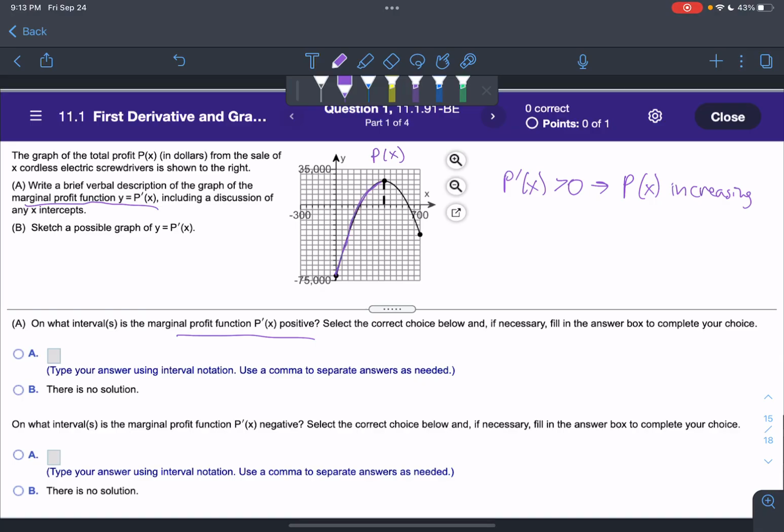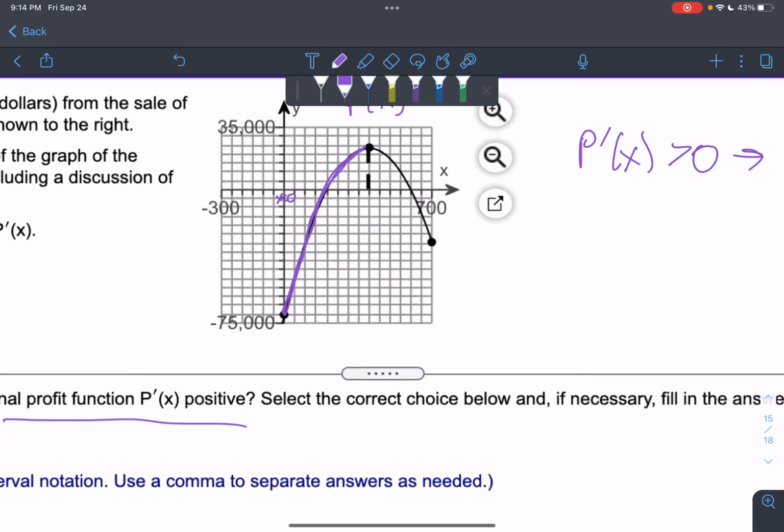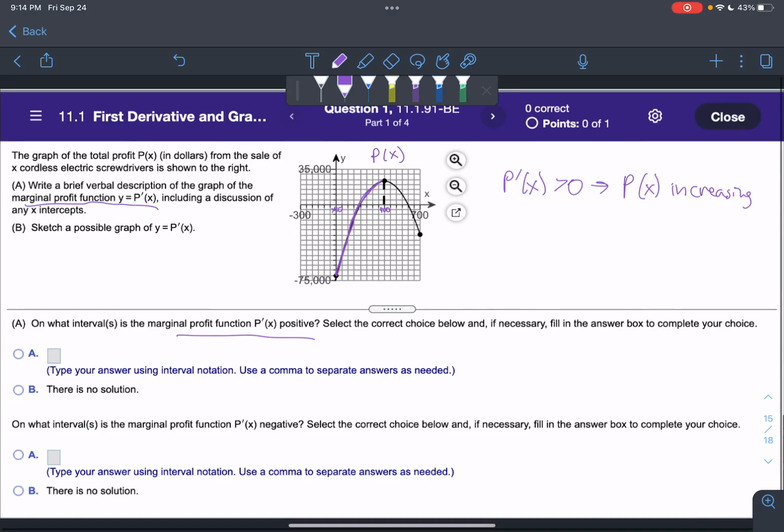If we look left to right, this is x equals 0, and I know it's kind of hard to tell, but this I think is 400. You can just use that magnifier zoom function to make it bigger, but I believe that number is 400. So our interval is from 0 to 400.